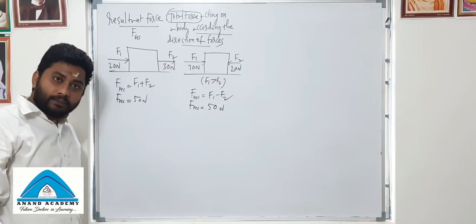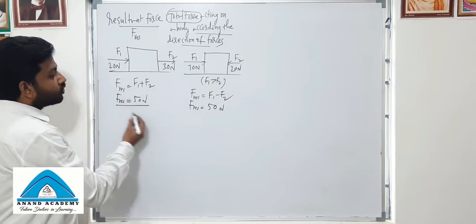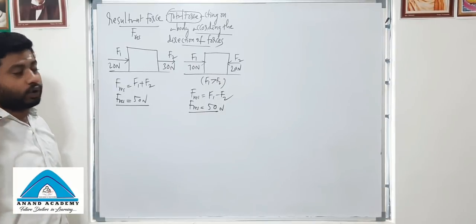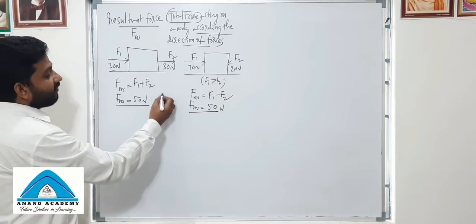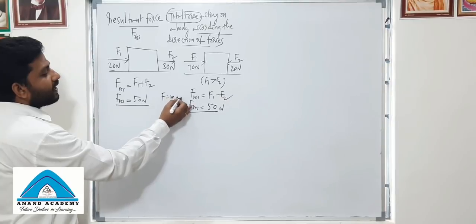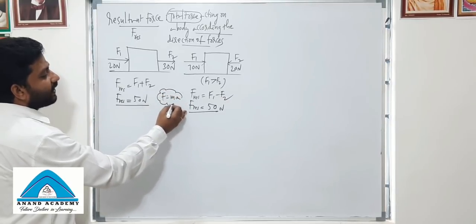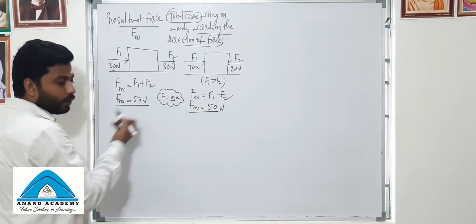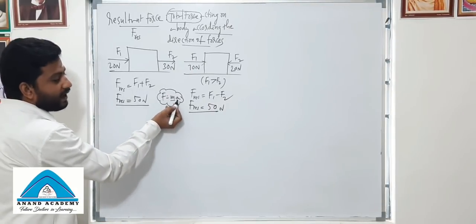Okay? Clear? So when there is a force, the body will be accelerating. I have told you already, F is equal to ma is the equation you might have studied in the lower classes. When there is a force and the mass is constant, the body will be accelerated.